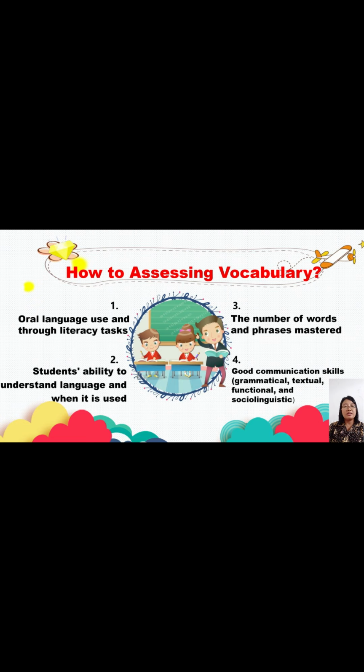First, vocabulary develops as spoken language at the beginning of learning, which will later be transferred to literacy, where vocabulary knowledge is obtained from reading and assessed through writing. And then two, vocabulary assessment can also be done to the extent to which children are able to understand and master vocabulary to be used for various purposes.